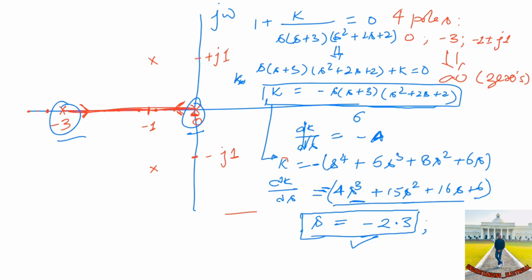Let's say minus 2.3 is somewhere here. So this is the breakaway point.